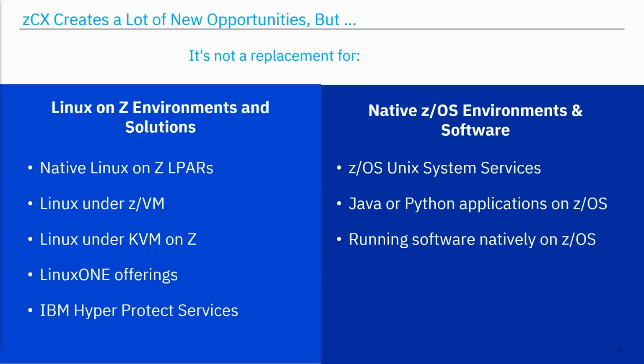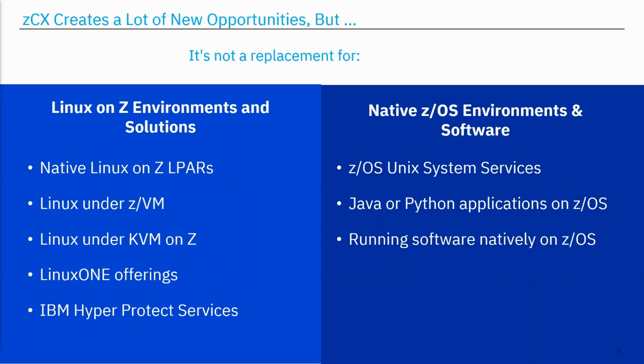In many cases, it doesn't make sense to deploy zCX and add another layer when you can just run it directly on zOS. So there is a case for running things natively if you can. And of course, Java, with its write once, run anywhere mentality, fits into that play where it might make sense to run it natively for the best possible performance.